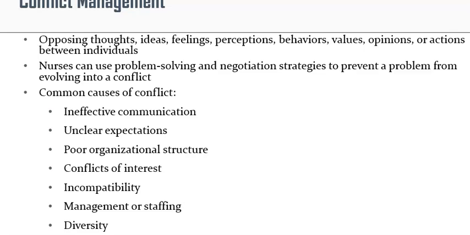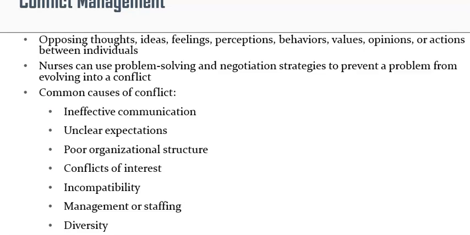Lack of conflict can create organizational stasis, while too much conflict can be demoralizing and produce anxiety. Conflict can disrupt working relationships and create a stressful atmosphere. So common causes of conflict, just like we talked about: ineffective communication, that is the number one common cause of conflict.